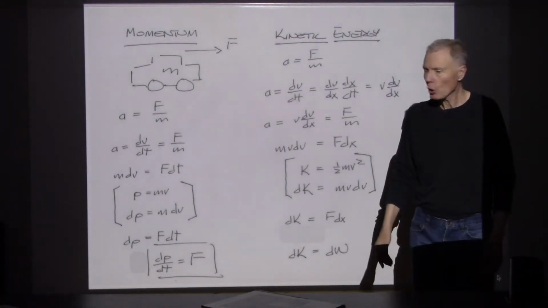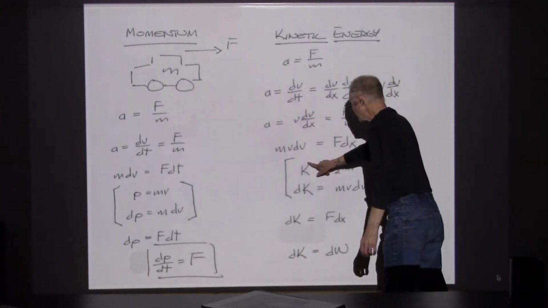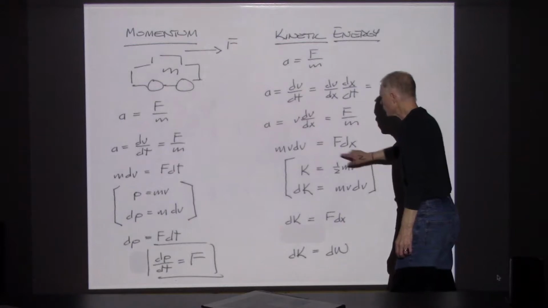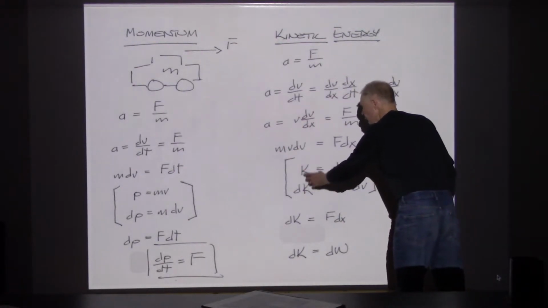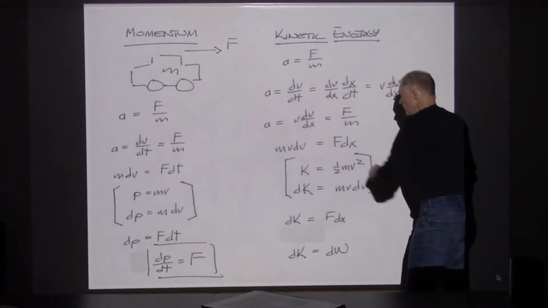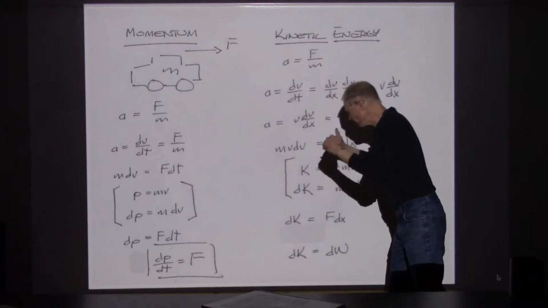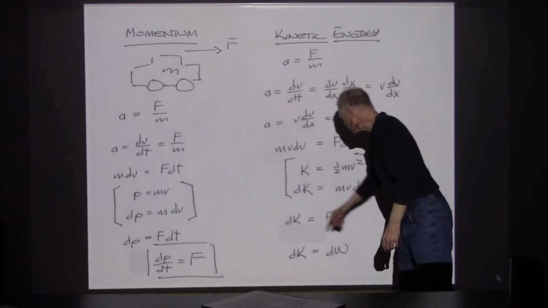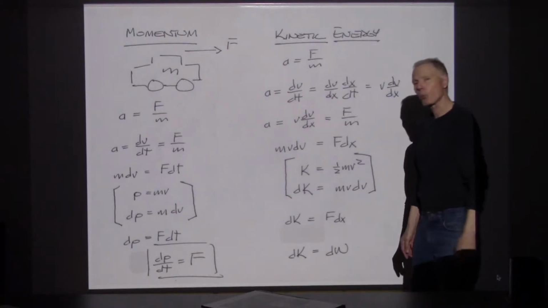So what we're saying is that kinetic energy is 1/2 mv squared. It comes from integrating this side, and little bits of kinetic energy are mv dv.